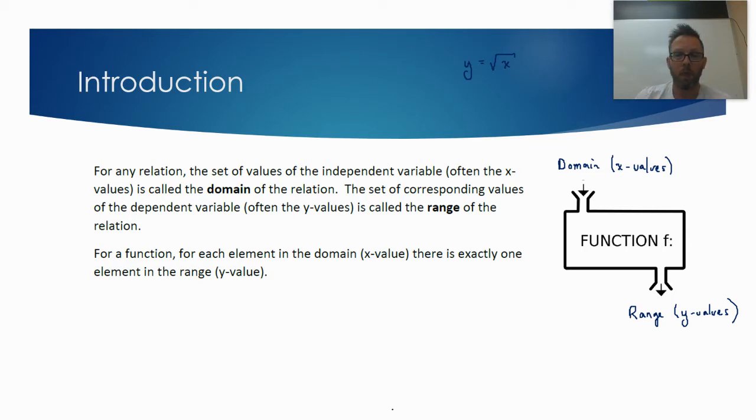Now, we know that for a function, one x value produces one y value. There's no points stacked on top of each other. With a function, if you put in an x value, you get out one specific y value. But for some relations, when you put in an x value, you might get multiple y values, but that's not a function. There's a one-to-one correspondence there.